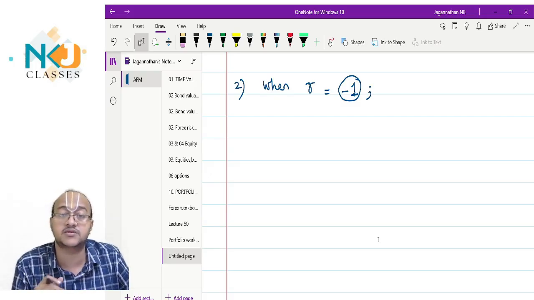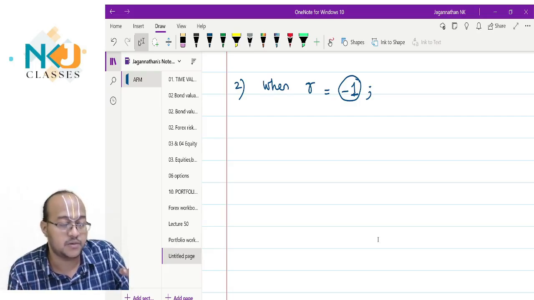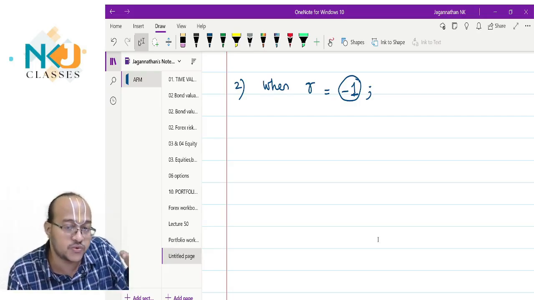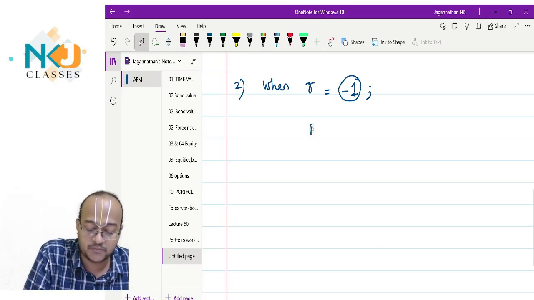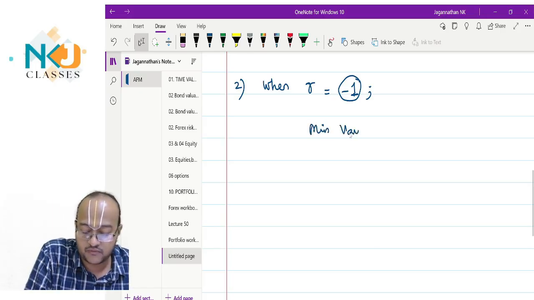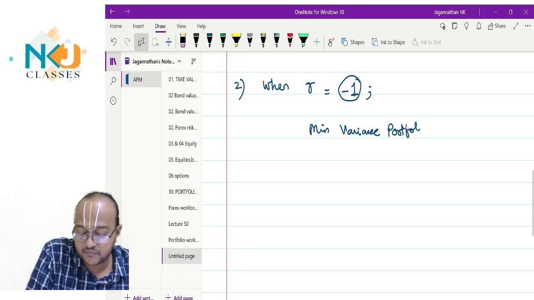Okay, this will become a risk free portfolio. Are you understanding? So that proportion, at what proportion you will invest x and y, that proportion is called the minimum variance portfolio. Minimum variance portfolio.